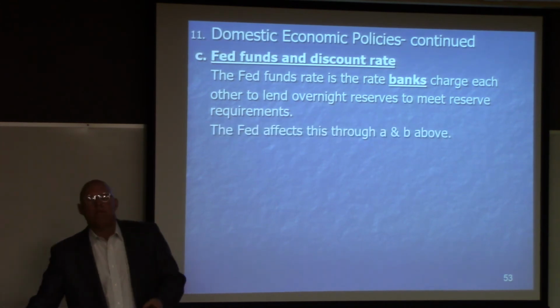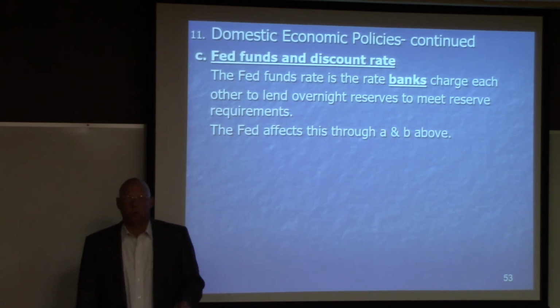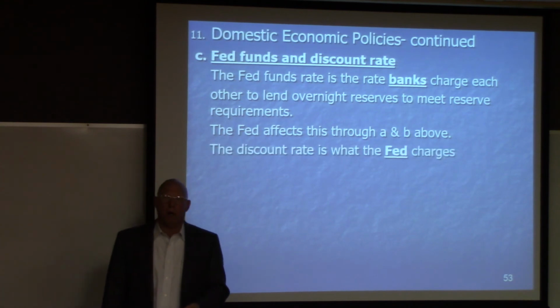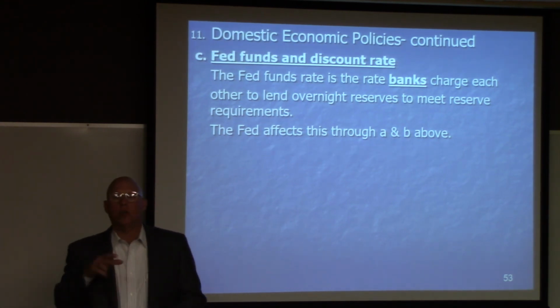Okay? The Fed affects the federal funds rate through the reserve requirements and the open market operations. So the federal funds rate is what one bank charges another bank to loan to them.